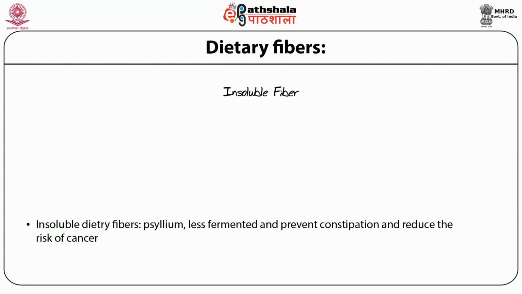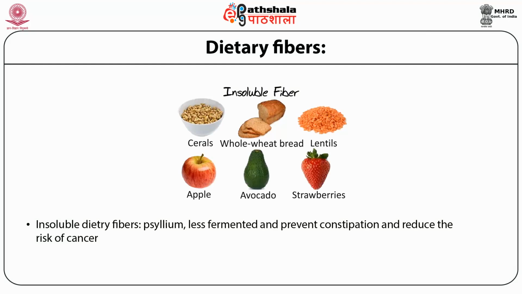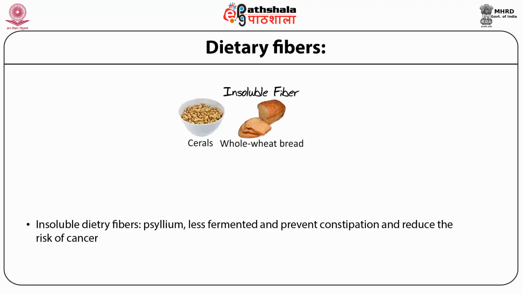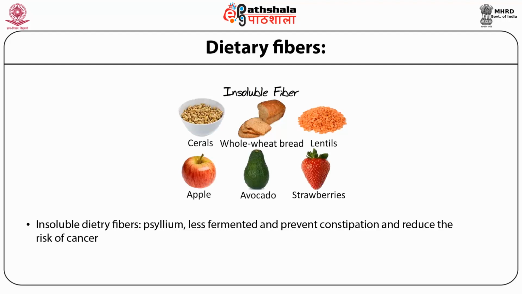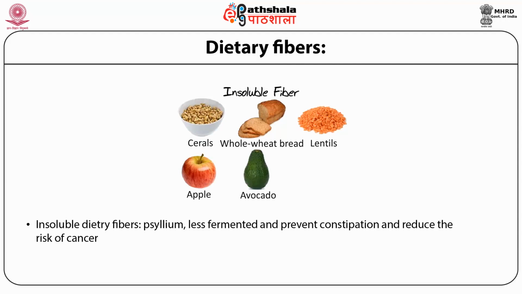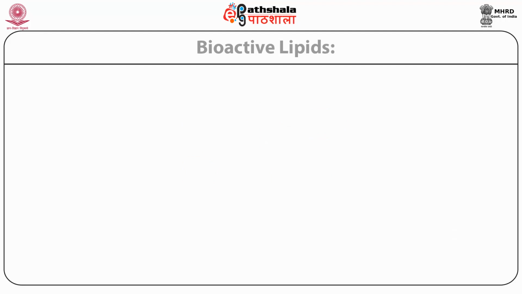The insoluble dietary fibers, like xylan, are less fermented, dilute colonic content, and speed colonic transit. They play an important role in the prevention of constipation and reduce the risk of cancer.